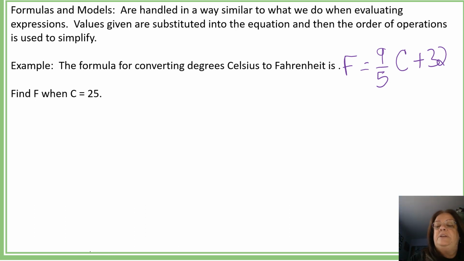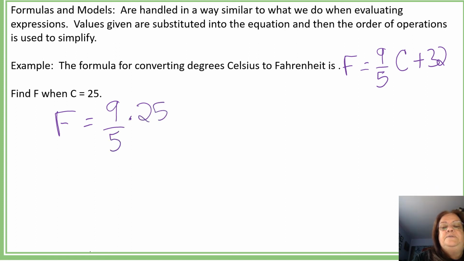All right, so now find F when C is 25. So we have F equals 9 over 5 times 25 plus 32. When you don't see a denominator, remember it's automatically 1. But notice I have a 5 here and a 25. Well, 25 is 5 times 5, so I can cross out one of the 5s.